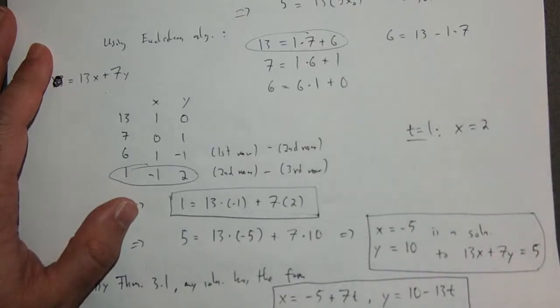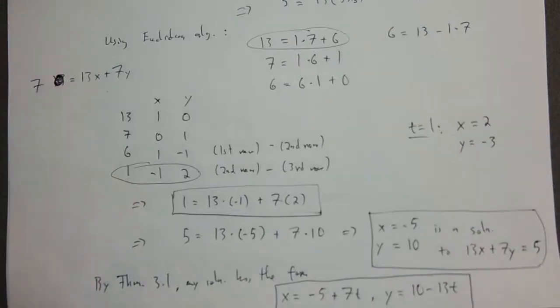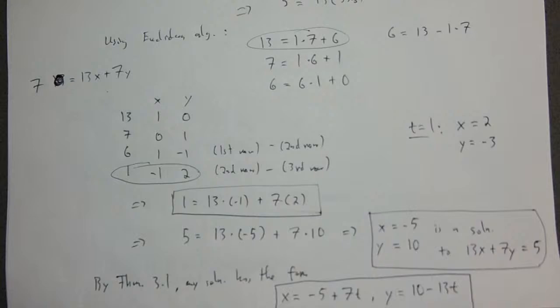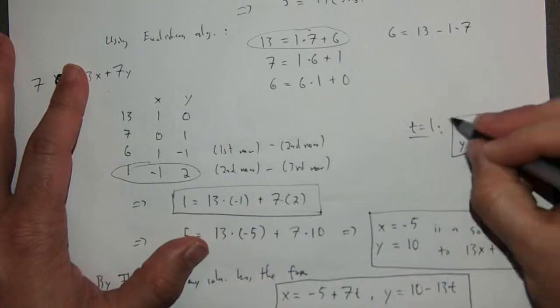So x is equal to 2, and y is equal to minus 3, right? So x equals 2, y equals minus 3 works, and these are smaller in absolute value than the ones I got here.